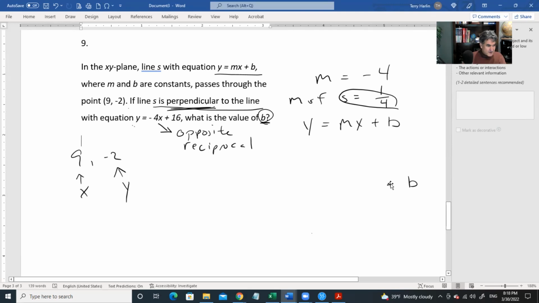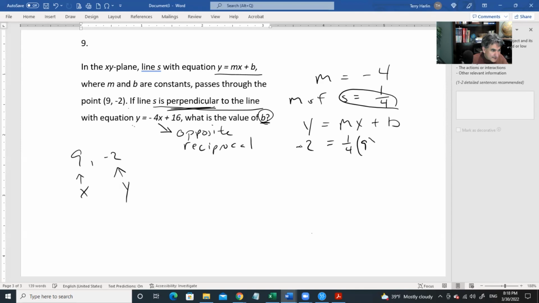So I could edit this out, but I want you to realize that we all do make mistakes, and we need to be very careful about those things. So y is -2. m is 1/4. x is 9, and then b.